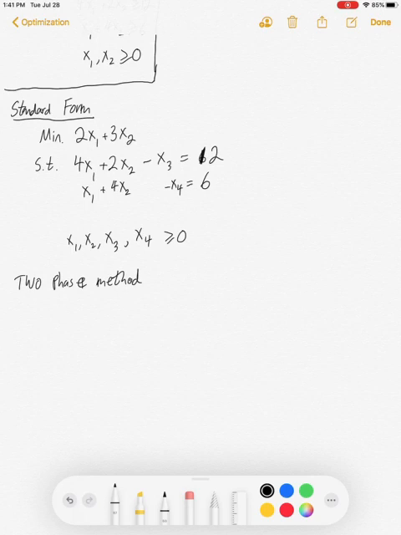To find a basic feasible solution, we can solve a related linear program, which will give us the basic feasible solution to start off with. So we're actually going to apply the simplex method twice: once to find our basic feasible solution, and then another time to optimize from there.